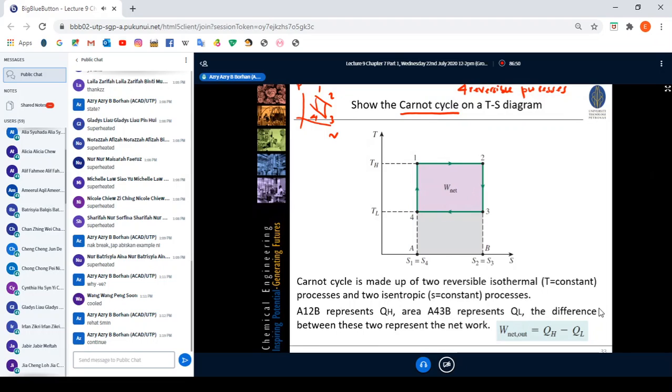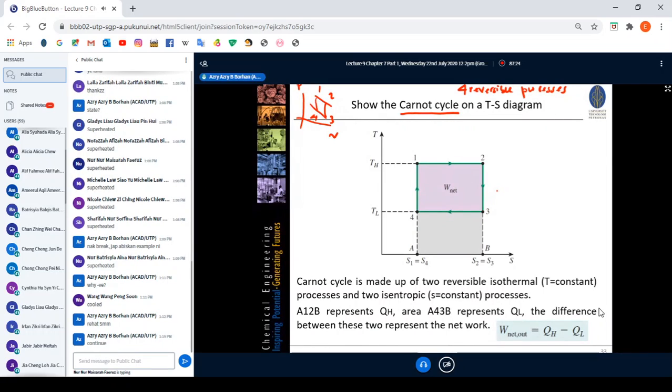Now that is for P versus V, but if you plot temperature versus entropy, this is how the Carnot cycle that we had the other day for the heat engine system looks like. State 1 to state 2, basically this is reversible isothermal expansion. 2 to 3, reversible. Guys, reversible what? 2 to 3?